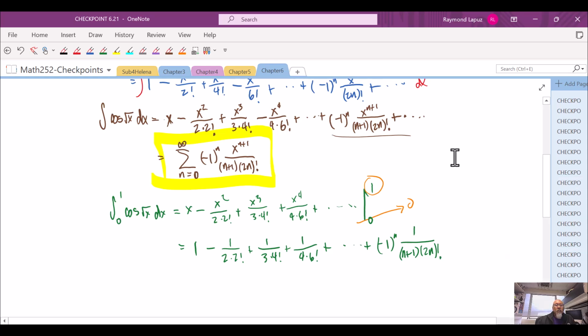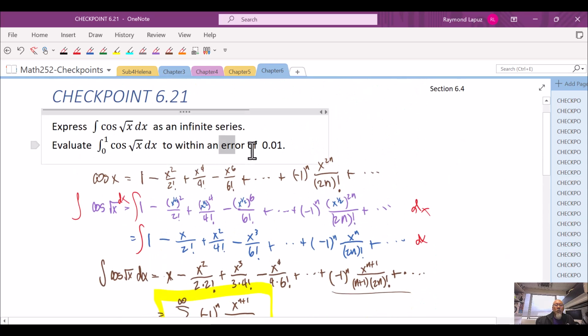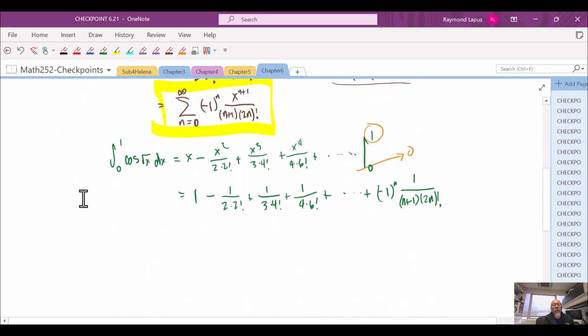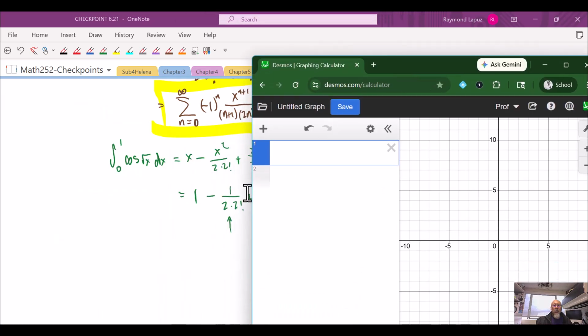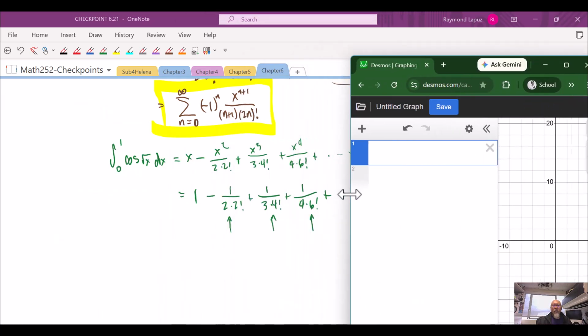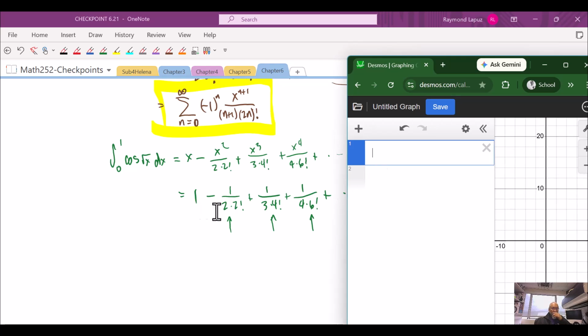Now they want us to estimate this with an error of 0.01. And so what might be a good idea is to try to figure out how much each of these contribute to our value. And so for that, we can use a graphing calculator or Desmos. So let's put Desmos aside over here. We don't need the graph of this per se, but we just want to see what's happening when we compute each of these terms.